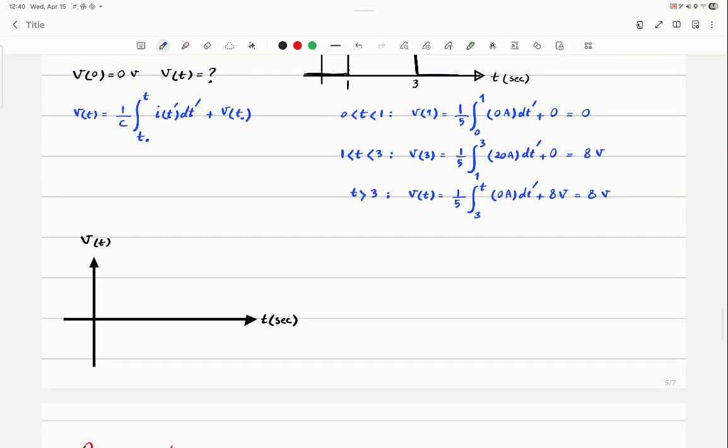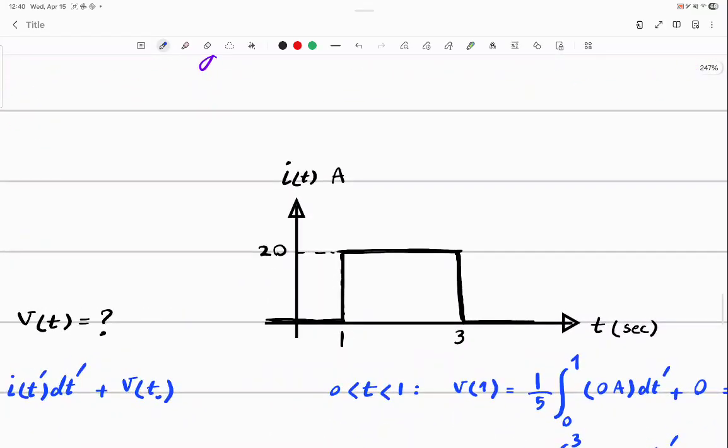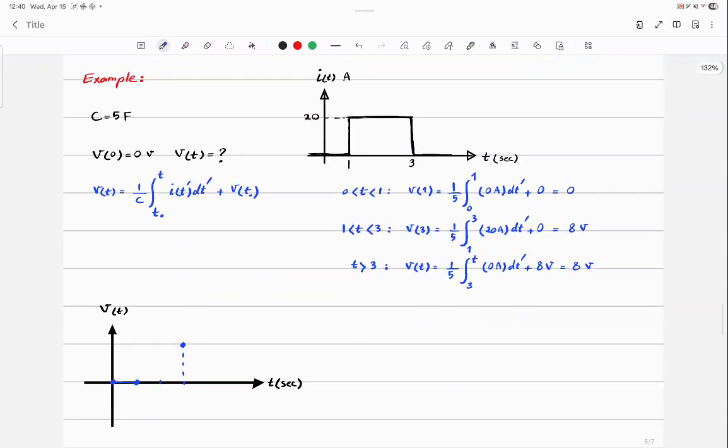So how do you plot this? At 0 it is 0. At 1 it is 0. At 3 it is 8. And after 3 it is also 8. So, because the current is a constant function, I know the integral is a first order function.